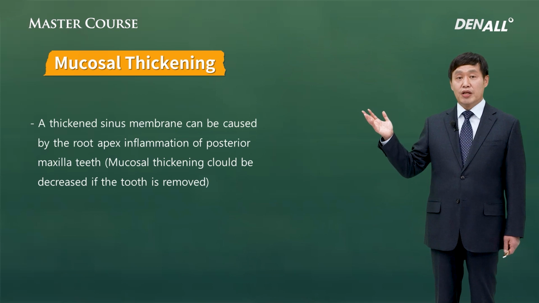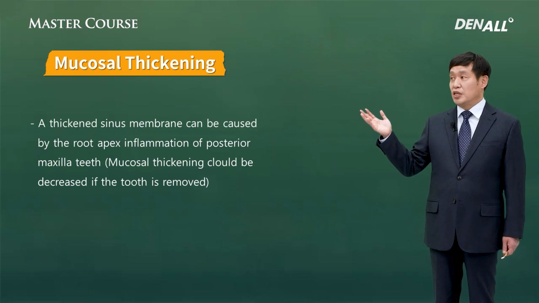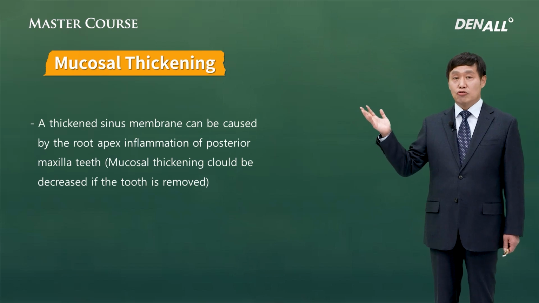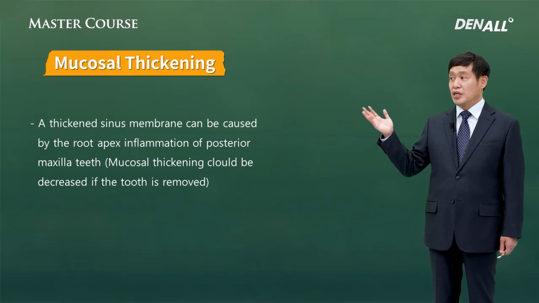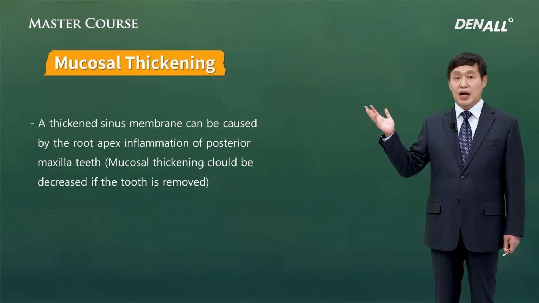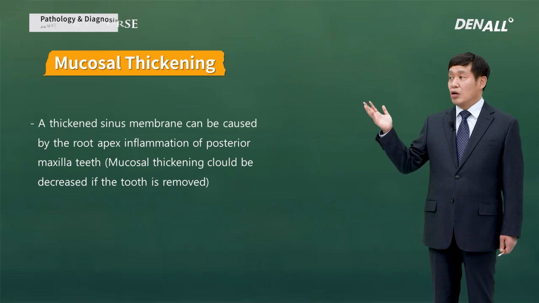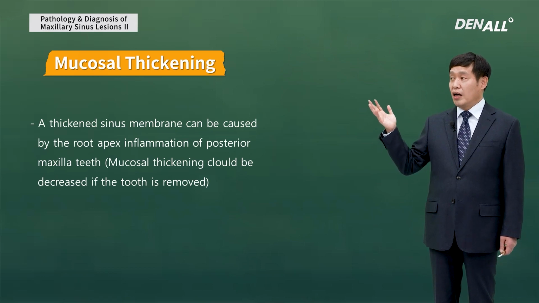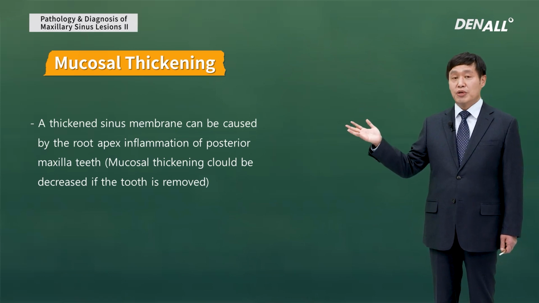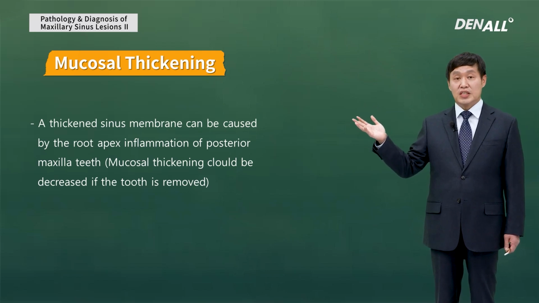A thickened sinus membrane can be caused by the root apex inflammation of posterior maxillary teeth. Mucosal thickening could be caused by teeth. In other words, if the tooth is removed, the mucosal thickening can be improved.